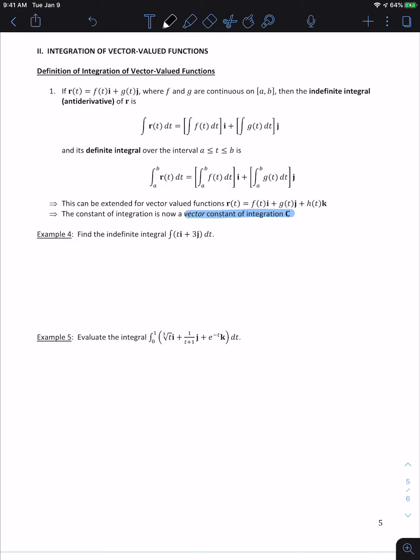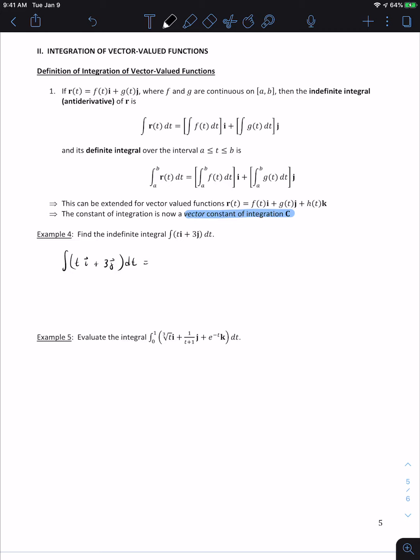So in this first example, if I want to take the integral of t i plus 3 j dt, I could rewrite this as the integral of t i dt and then plus the j one, but we can just skip writing all that.